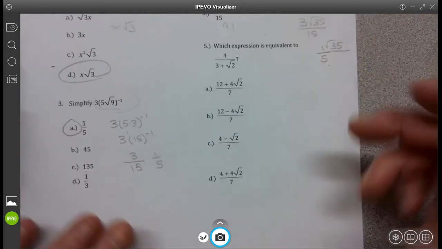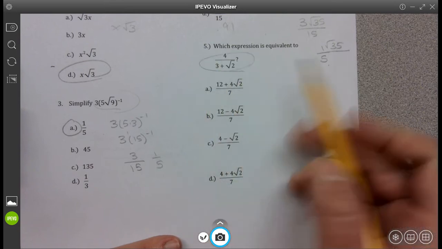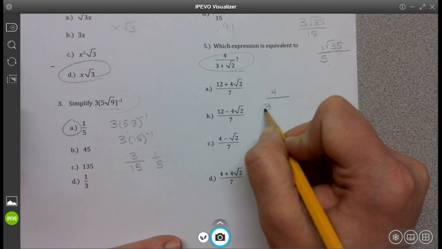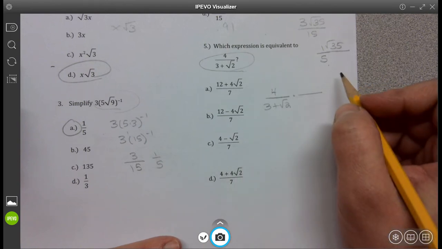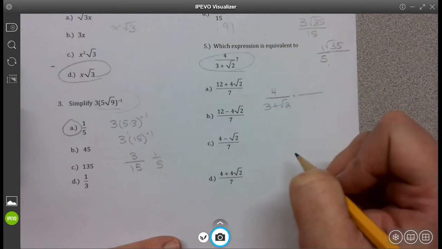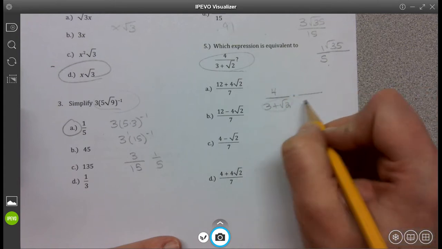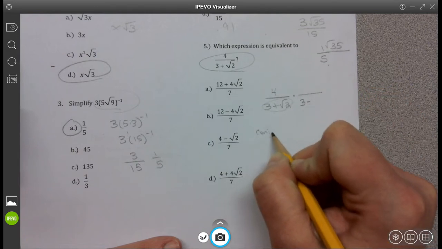Same thing here. Number 5, which expression is equivalent to 4 times over the quantity 3 plus root 2? Well, we can't have radicals in the denominator. The problem is here, if you have a square root in the denominator, just multiplying by a square root isn't going to make it go away. It's a whole thing now. It's a quantity. So we multiply by what's called the conjugate.